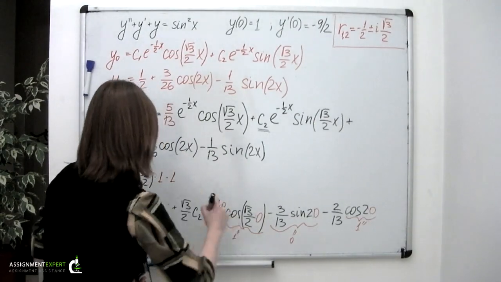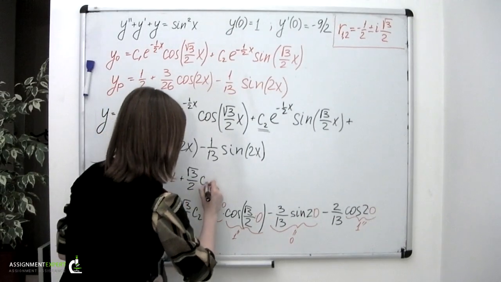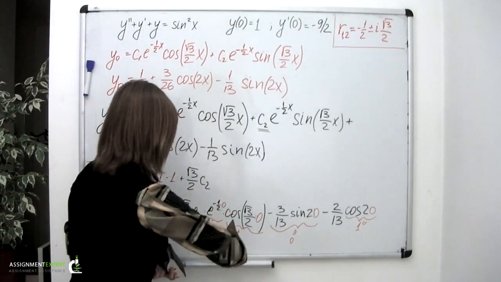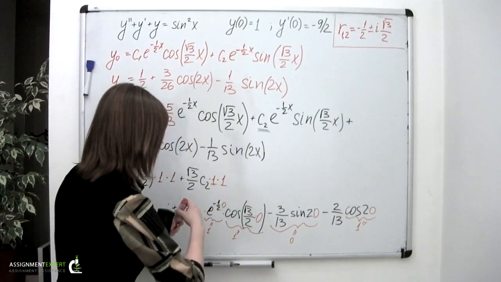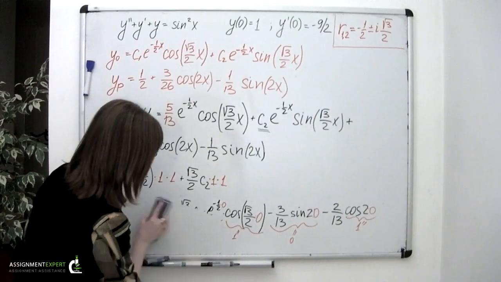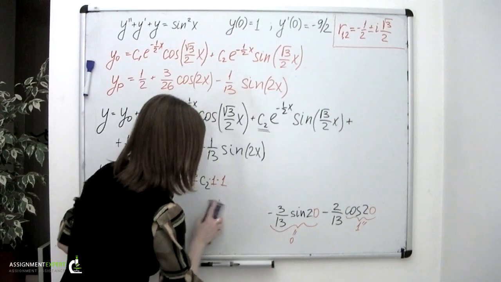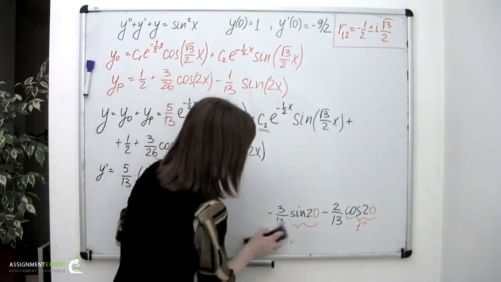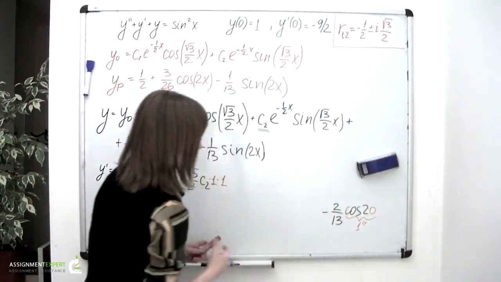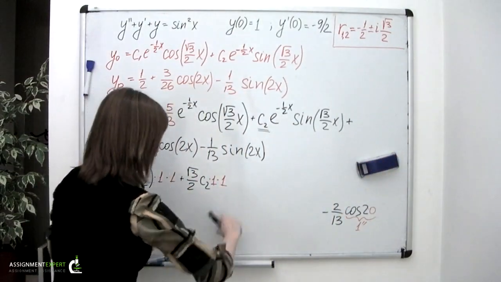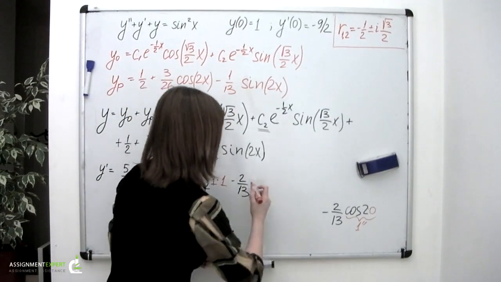Then we have this square root of 3 times C2 times 1 and times 1 instead of this summand. This next one goes away again because of the sine function. But this last one stays. Minus 2 over 13 times 1.